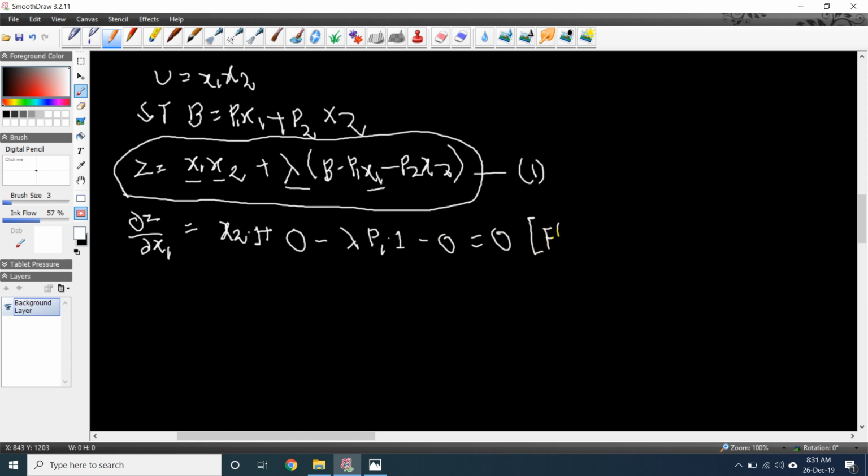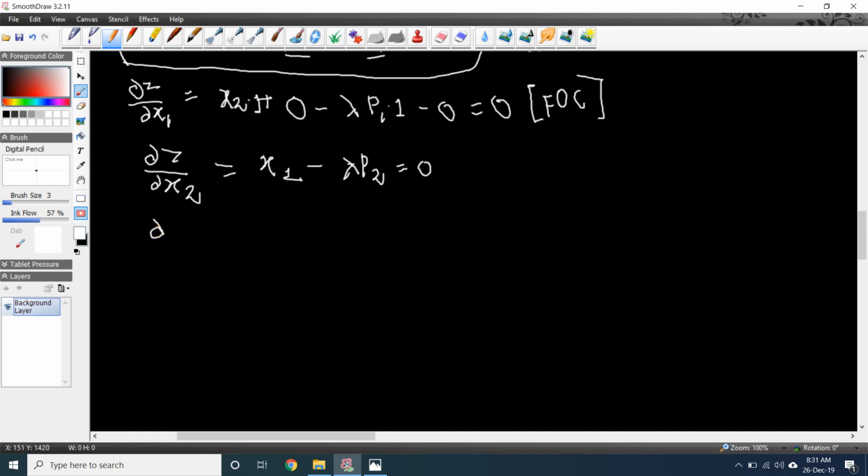Similarly, for dz divided by dx2, we will get x1 minus lambda p2 equals 0.